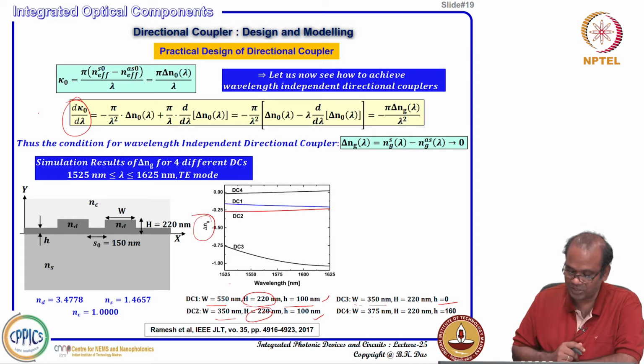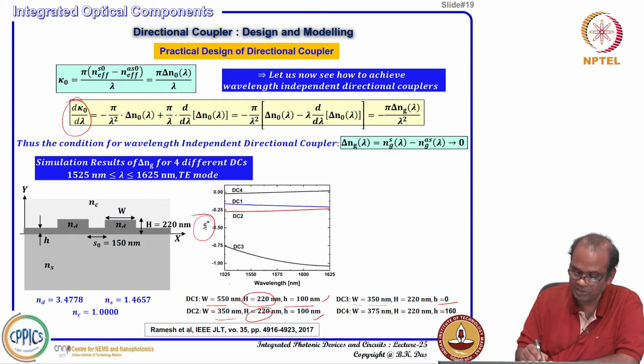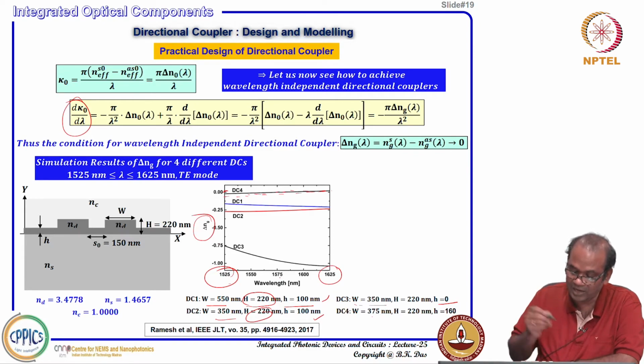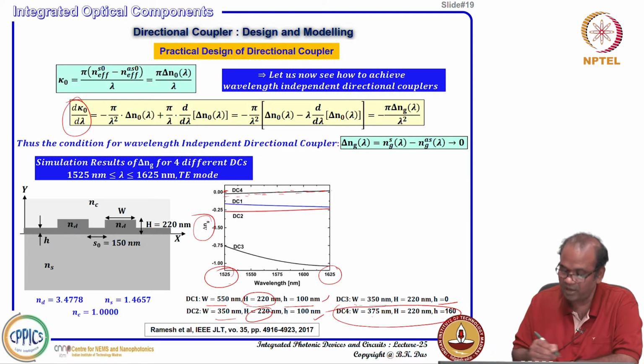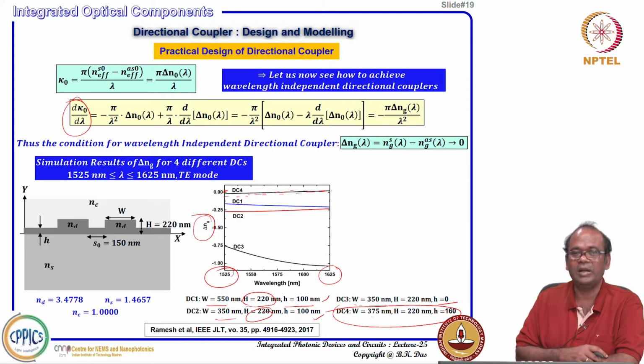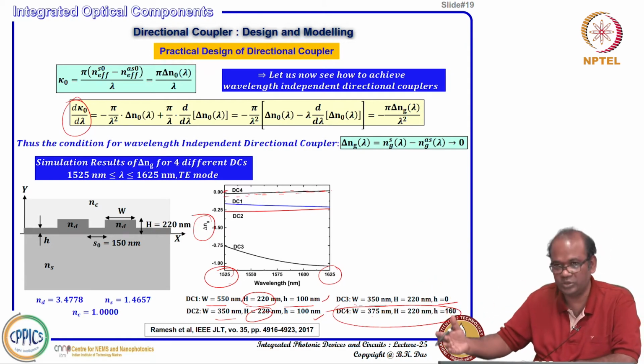But if you compare all 4 and consider DC4, delta Ng is close to 0, it is just crossing close to 0. So, in that case, from 1525 to 1625, I can expect that if we use these parameters, that device will be a wavelength independent directional coupler. The coupling will depend on how much length you are using.